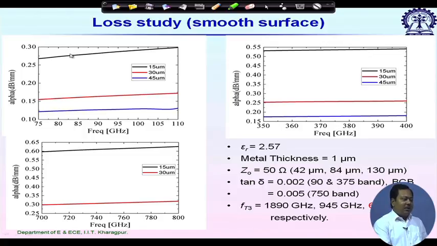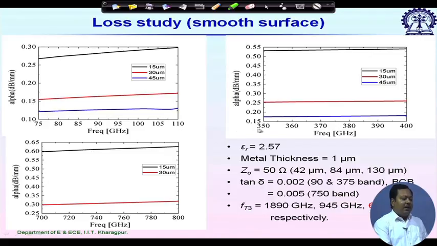Why? For 15 micrometer, the width of the microstrip line is 42 micrometer, so it's thinner. That's why conductor loss is highest for this 50 ohm line on 15 micrometer. This is over 75 to 110 gigahertz.